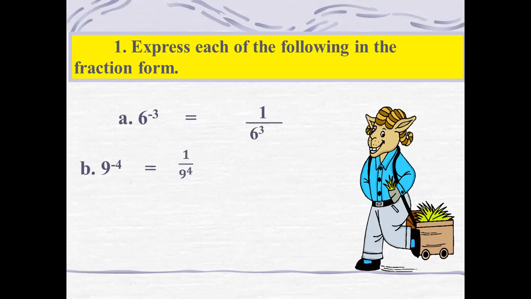Letter C, please follow and write that one in your workbook. C, m raised to the power of negative 5. So that will be equal to 1 over m to the power of 5. Okay, we have 1 minute more and our time will end.